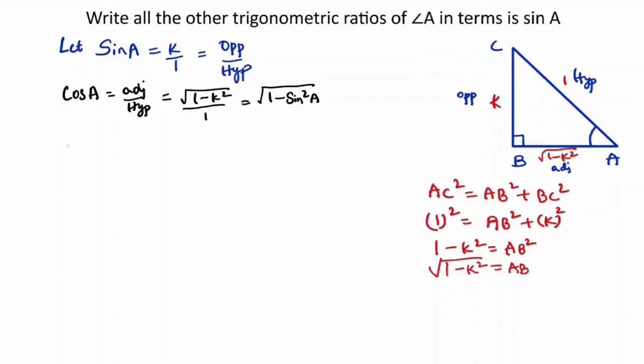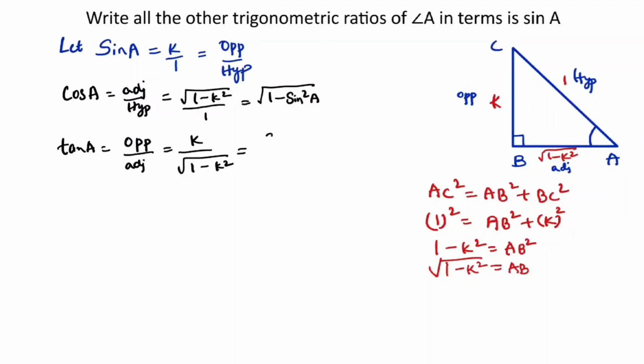Next ratio, tan. Tan is opposite by adjacent. Here, the opposite is K, adjacent is under root 1 minus K square. So I'll write here K by under root 1 minus K square.